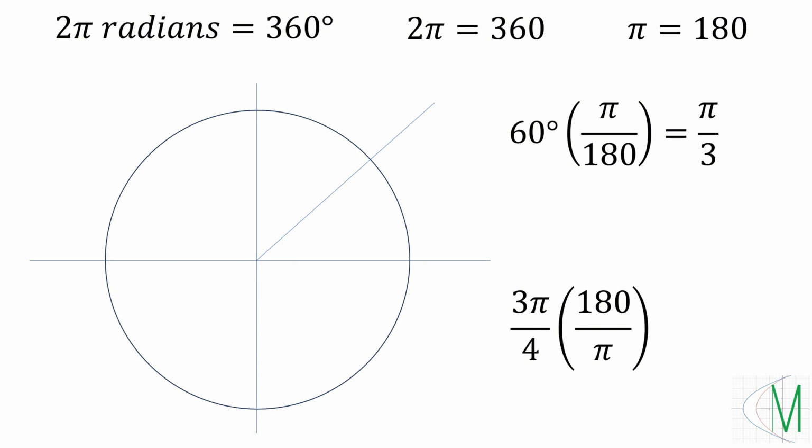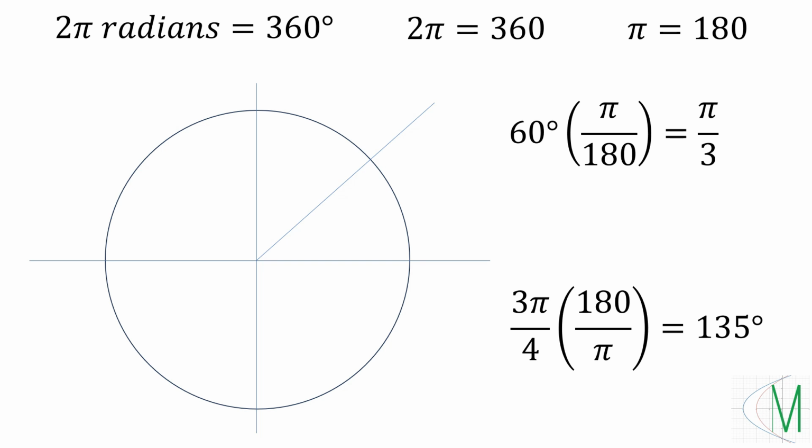Start off, there's a pi on top and a pi on bottom, so they cancel. You just have 3/4 times 180. Make the math easy on you. Once you multiply that out, you find the degree measure is 135 degrees. So 3 pi over 4 is the same as 135 degrees.